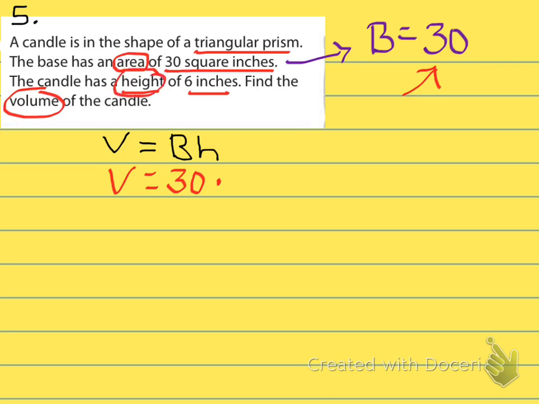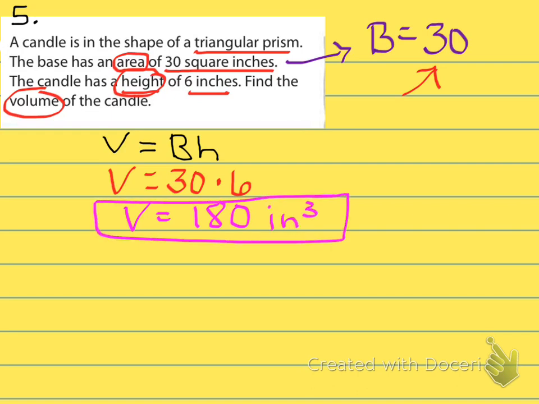See right here where it says the height? So now we have 6, and so then we're going to get that the volume is equal to 180. And remember, all of this was in inches, so it's going to be cubic inches. So you should actually be on the lookout for these problems, because with these problems, part of it's already done for you. All right, so again, with this problem, you just want to make sure that when you see where it says the base has an area of, it's already working through that base equals BH divided by 2.